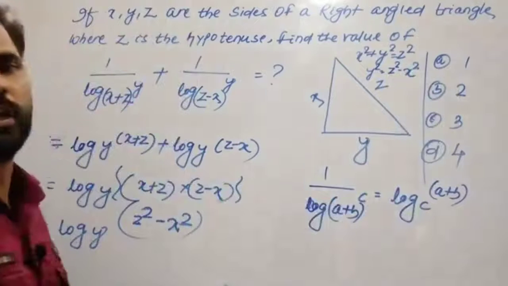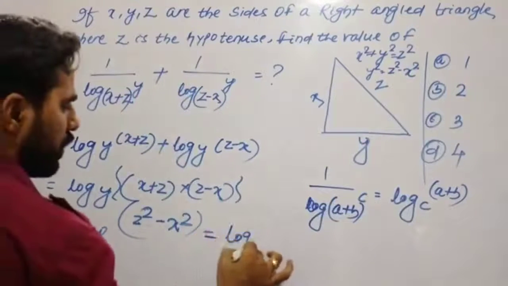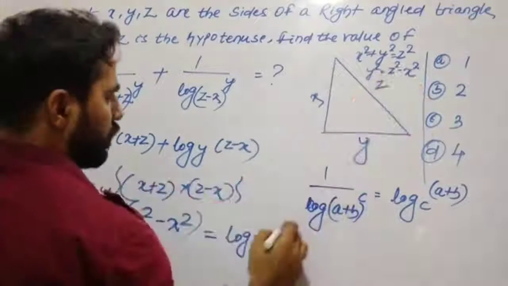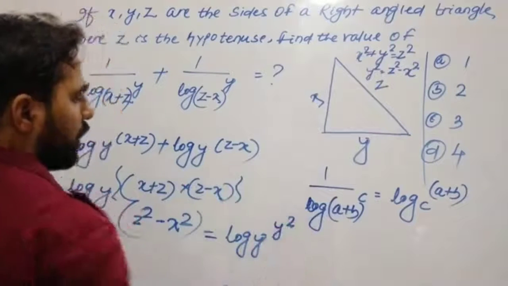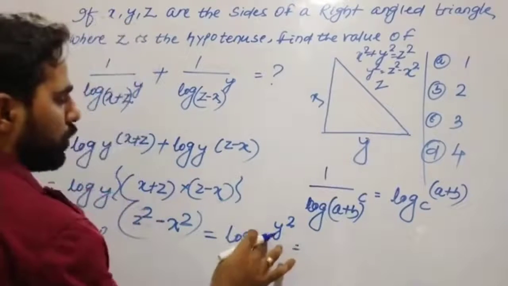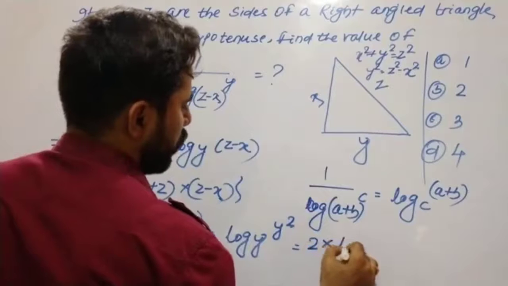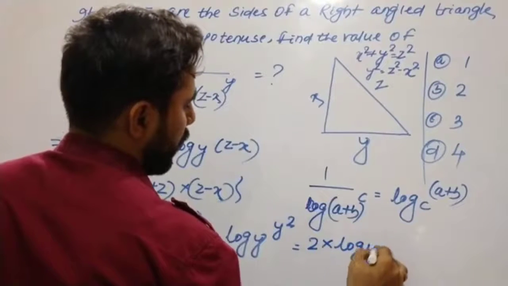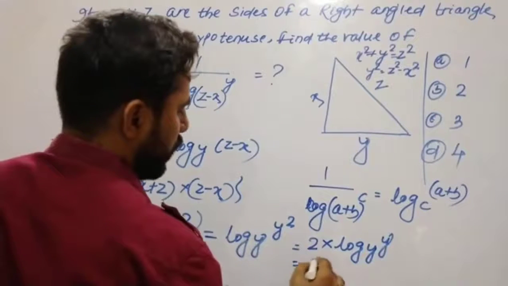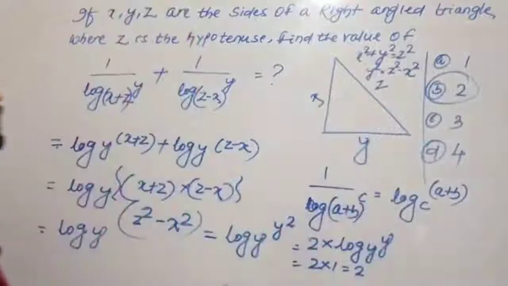So log y to the base (z square minus x square), and z square minus x square means y to the power square. By using the power law, log m to the power p means p into log m. If the base and the power of the logarithm are equal, then 2 into 1 is equal to 2. The option 2. This is the answer.